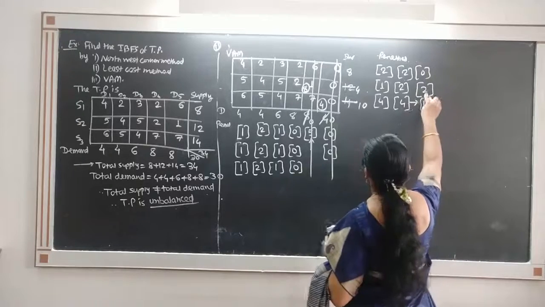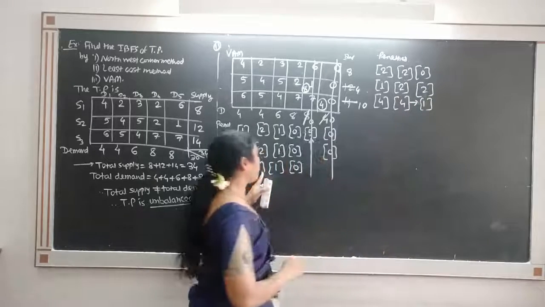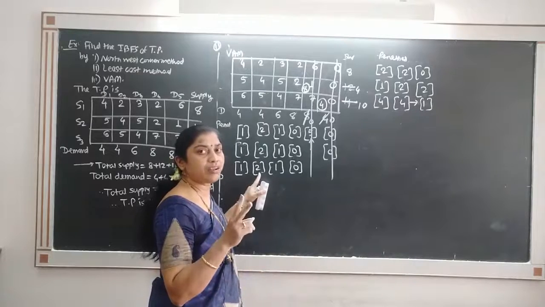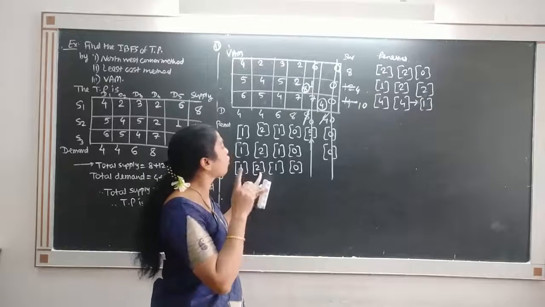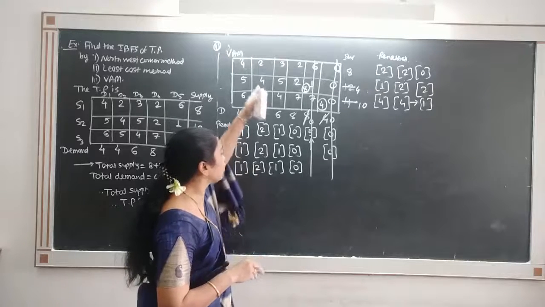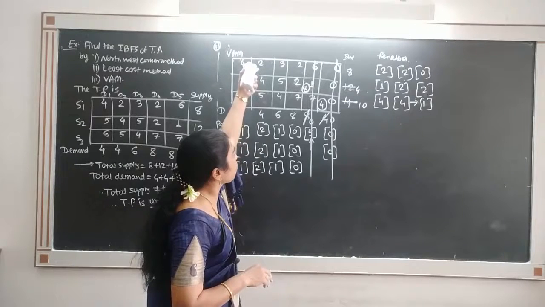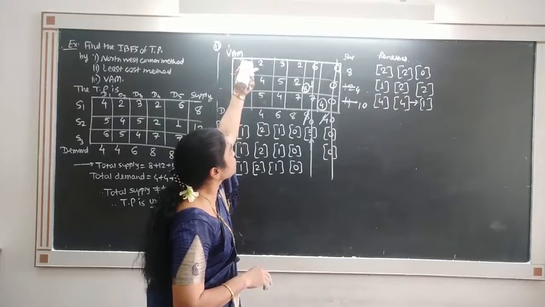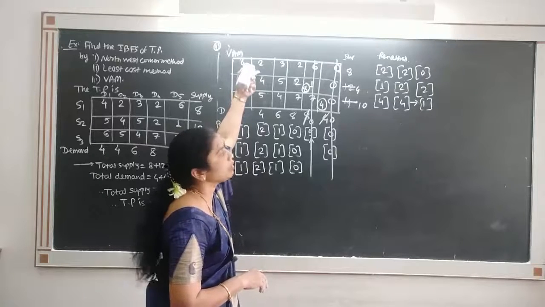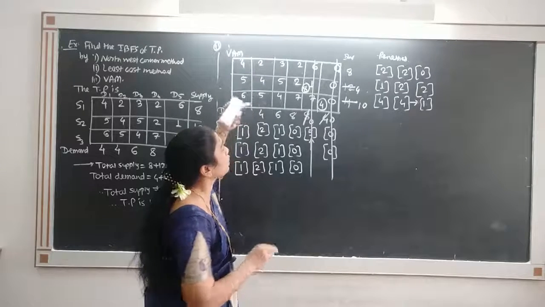See now, largest penalty is 2. Either this one or this one. That is, a tie occurs. There are two largest penalties, the same for the column also and row also. If in that column, see the smallest cost is 2 and you can allocate 4 to that. So the total transportation cost becomes 8 if you allocate 4 here.